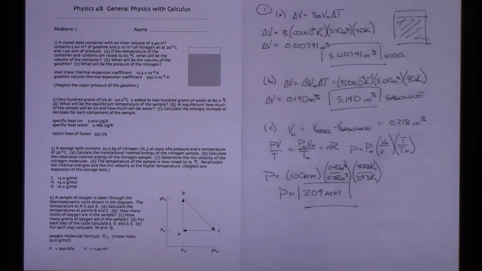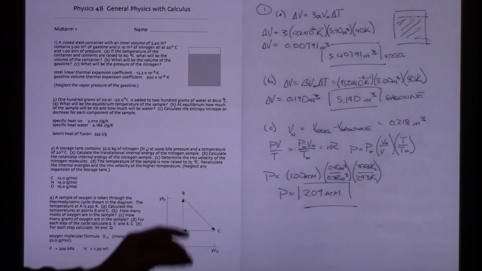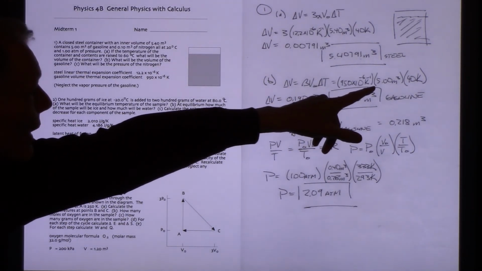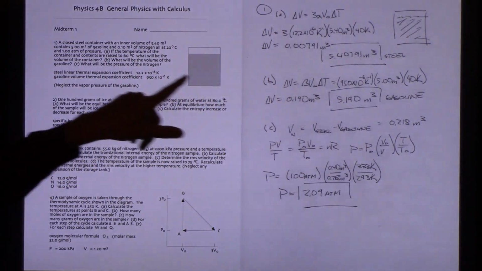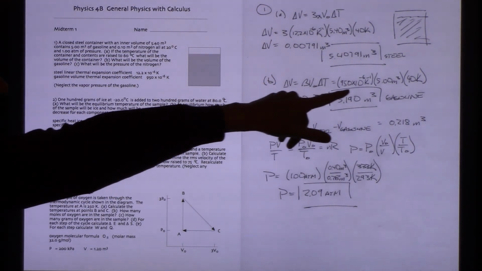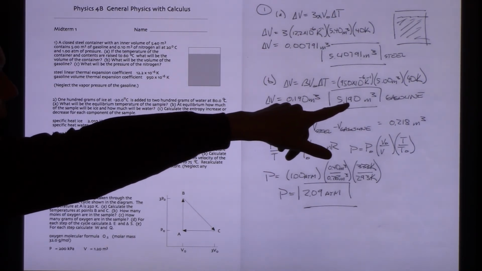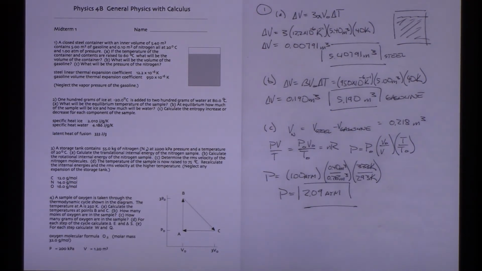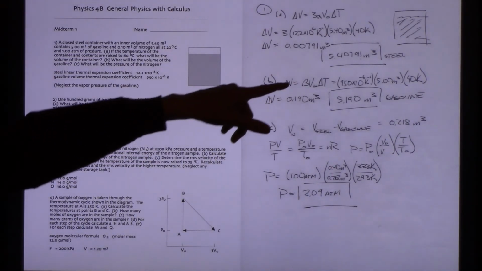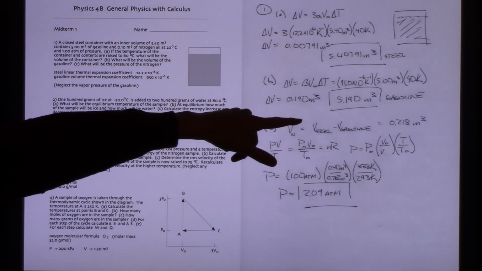I think we're fine with that. Let's see. So it started out at 5 cubic meters of gasoline, and there's a 40 kelvins increase, and so that's 5.190. So what's happened here is the steel has expanded a little bit, the gasoline's expanded a lot.